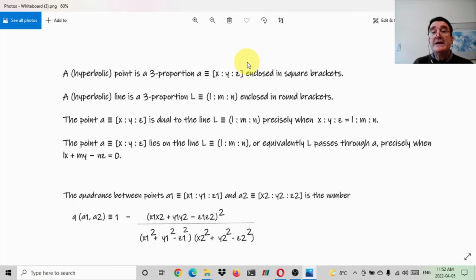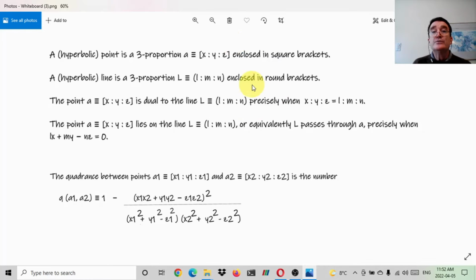Okay, so that's the main result, and I'll just go through what all this means, a review of universal hyperbolic geometry.